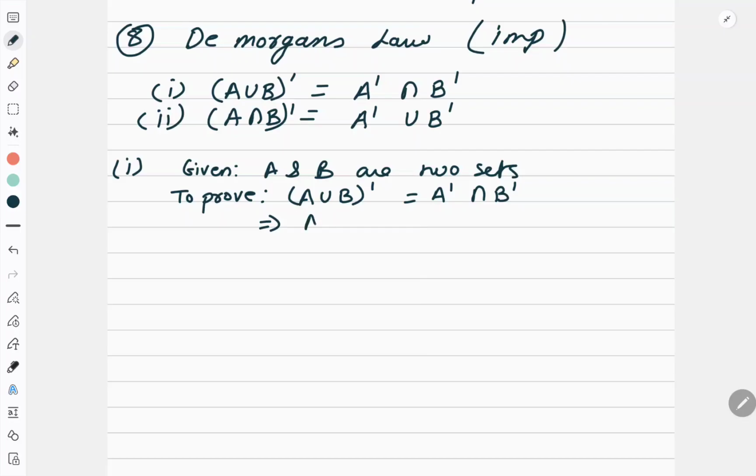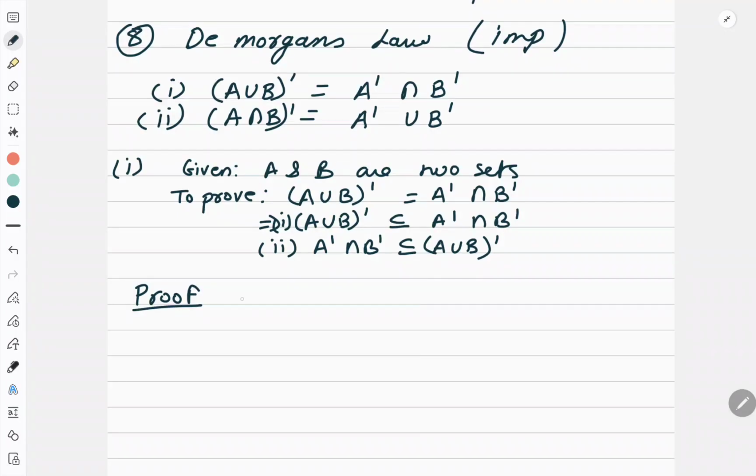Means you need to prove that A union B complement is a subset of, first thing you will prove, A complement intersection B complement, and second part you will prove A complement intersection B complement is a subset of A union B complement. So I will start the proof now. Okay, part 1. Part 1 is what? I need to prove A union B complement is a subset of A complement intersection B complement.